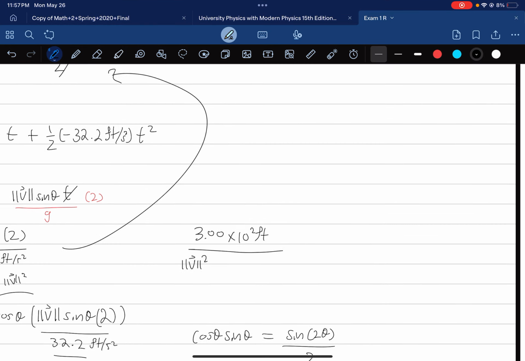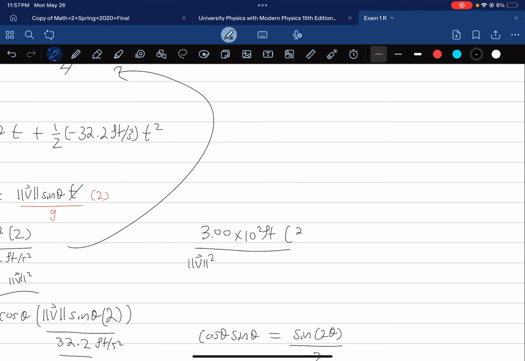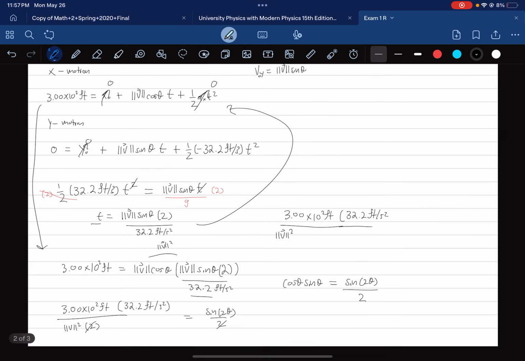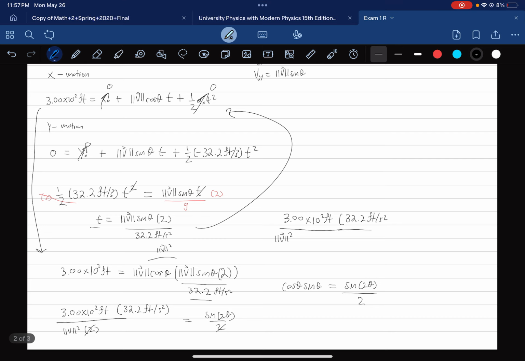Okay, and then the gravity term, can't forget that. Got that there. I think that's good enough.